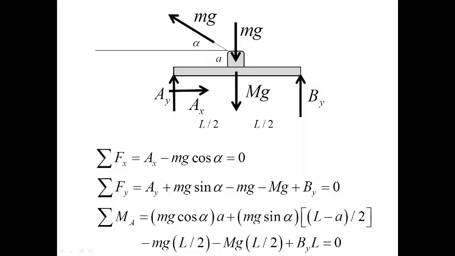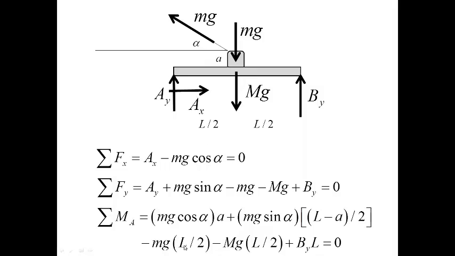The second contribution is due to the vertical projection, which is mg sine alpha. The arm for the vertical projection is a horizontal distance from A to this location, and it's not that difficult to see that this distance is L minus A over 2. I recommend that you do a quick calculation showing that this is indeed the case.